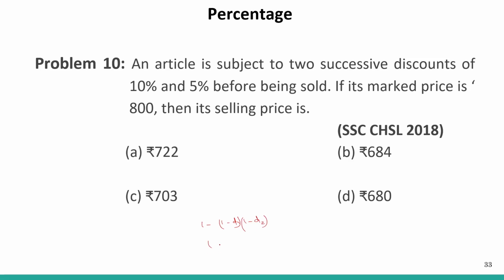This will be used here. So 1 minus what? 0.1 into 1 minus 0.05. So that is equal to what? 1 minus 0.9 into 0.95. So whatever it is, it will give us the cumulative discount.